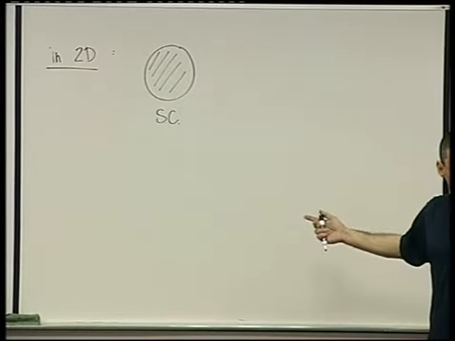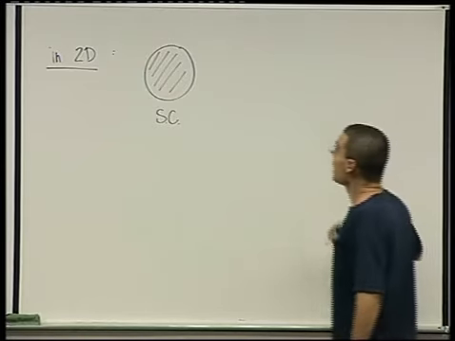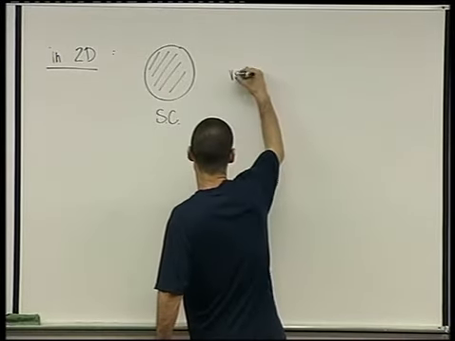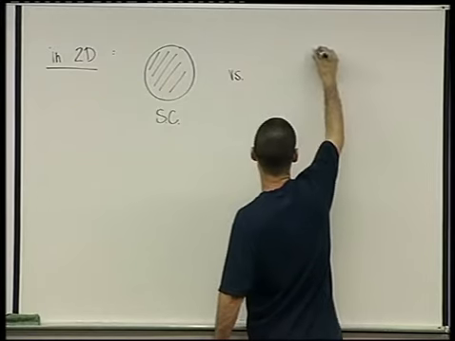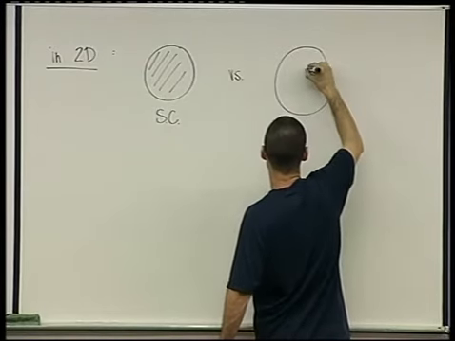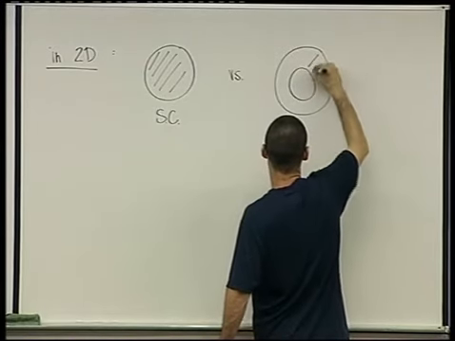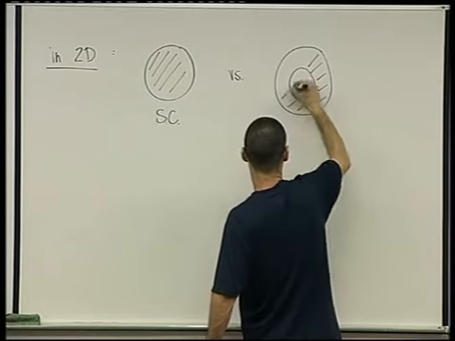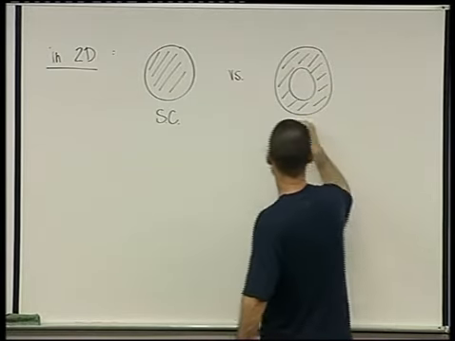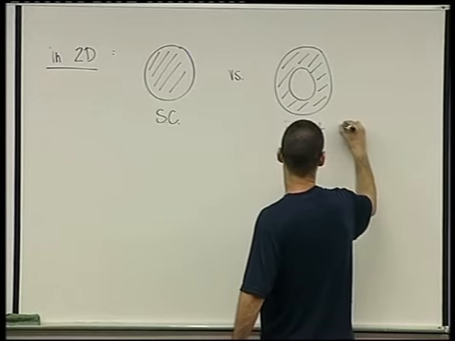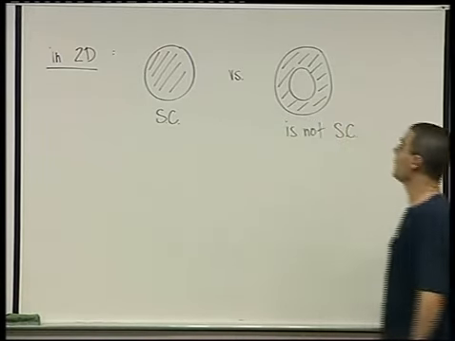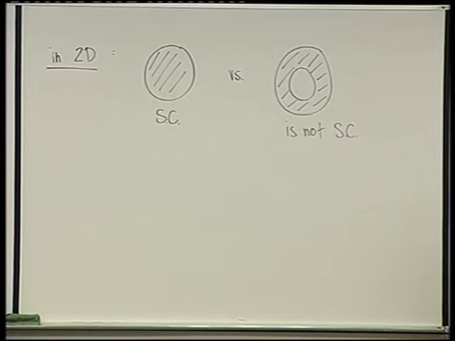There are no holes at all. Versus, if you look at a ring, this is not simply connected because there's a hole. Now, in 2 dimensions, that's as complicated as it gets.